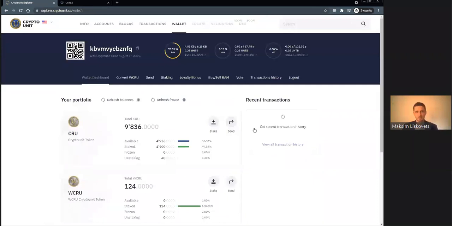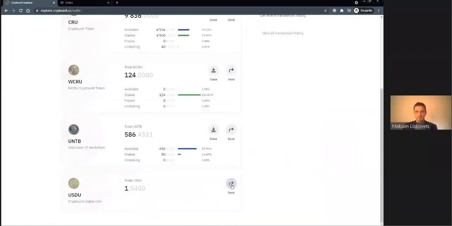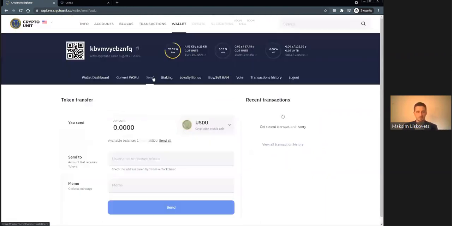You see it everywhere. When you go to the main page, you can also click the button send here, and you can immediately go to the send page with a token transfer with the token already pre-selected for you. But of course, you can select the token that you would like to transfer from the drop-down list. For now, we would like to transfer some UNTBs.